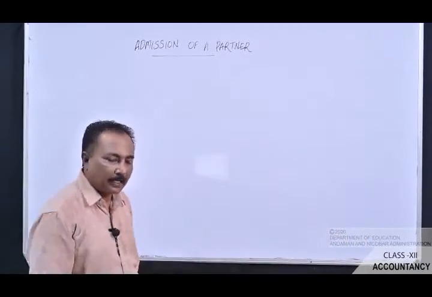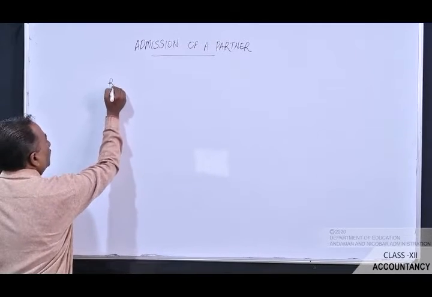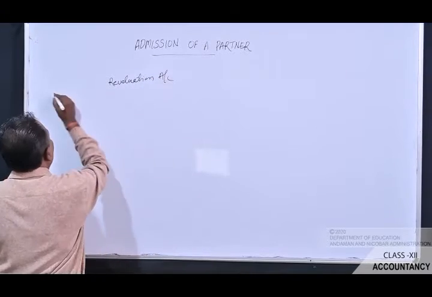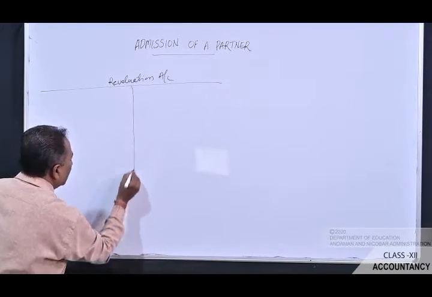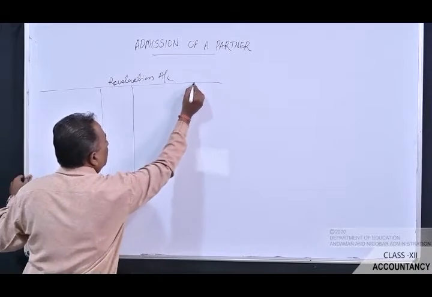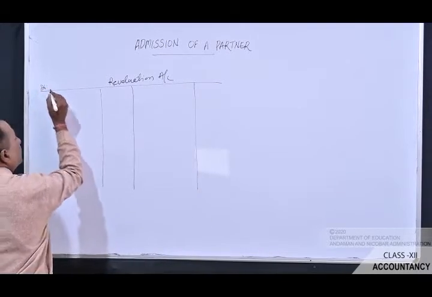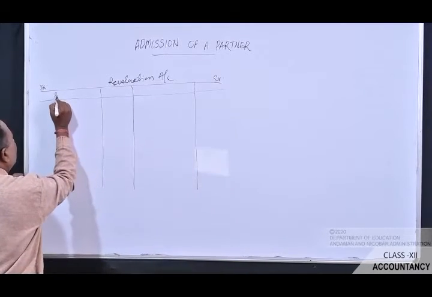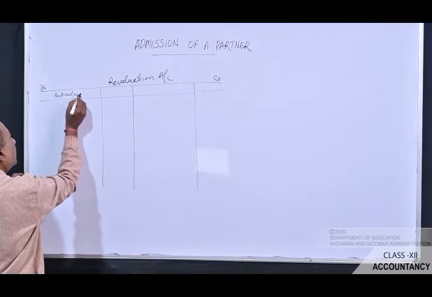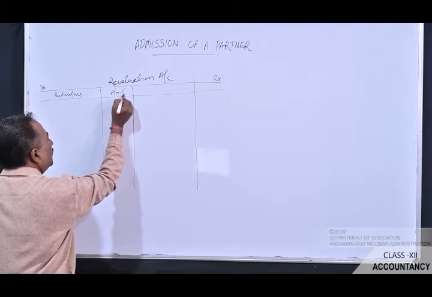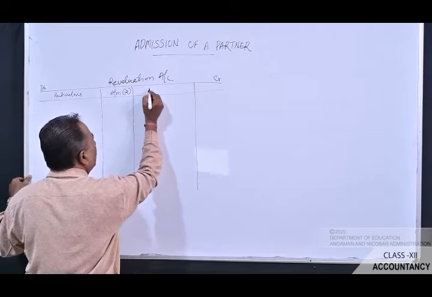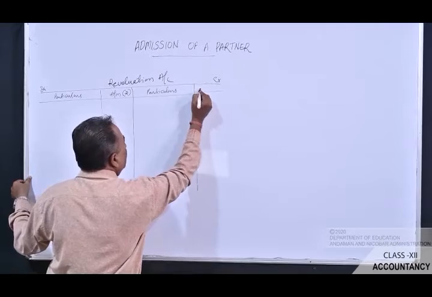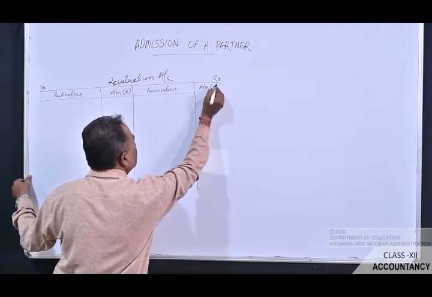After preparing the revaluation account, only then can we pass this journal entry. Now we will prepare the revaluation account. This is the debit side, this is the credit side, this is the column for particulars, this is the column for amount that you have to write in rupees.